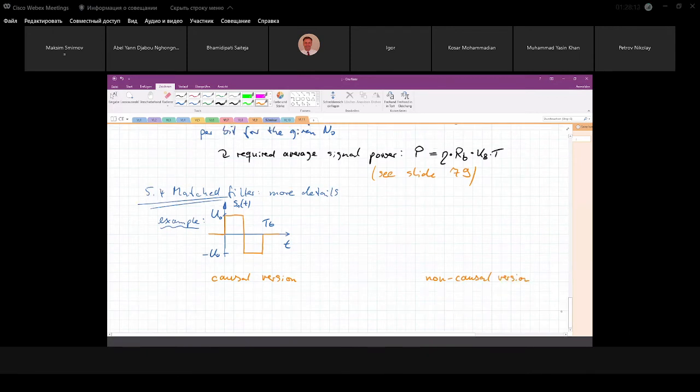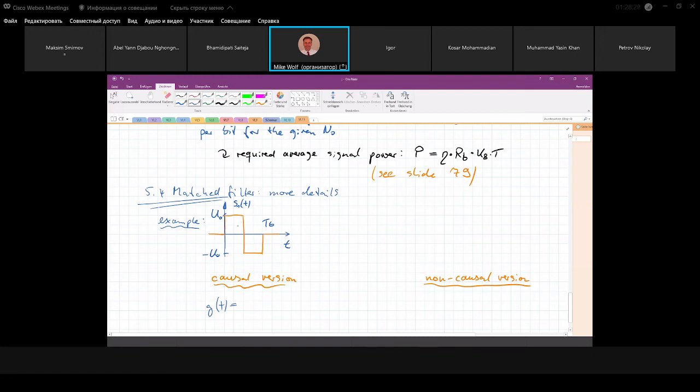If we want to have for this pulse shape a causal version of the impulse response, we could say g of t is equal to, and now I don't need this psi1 of t.